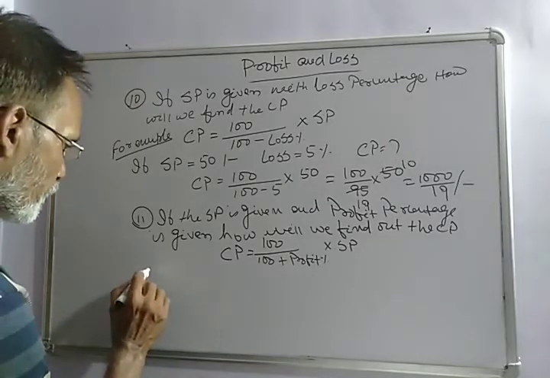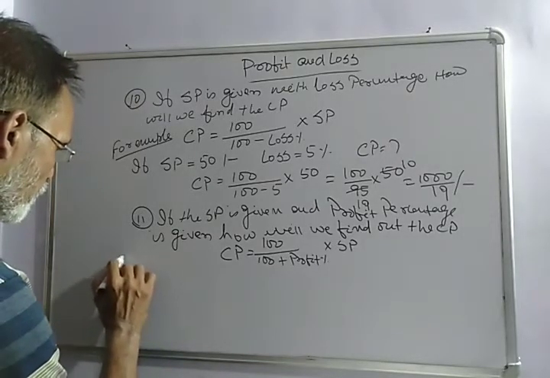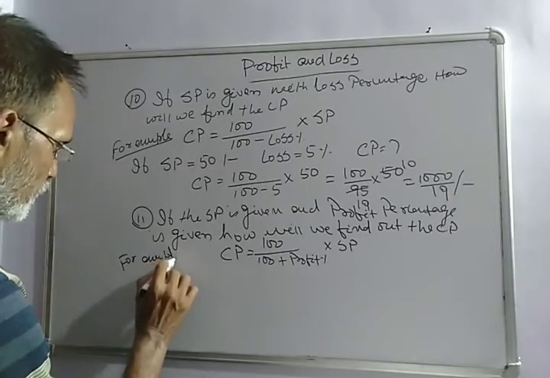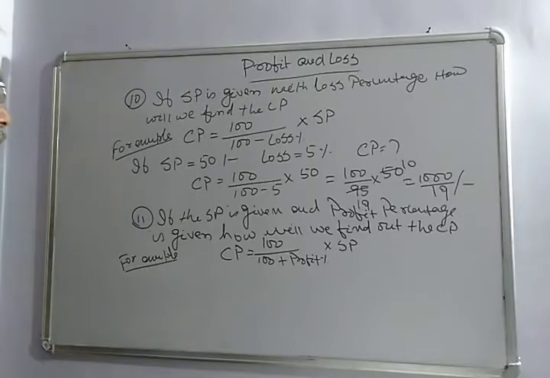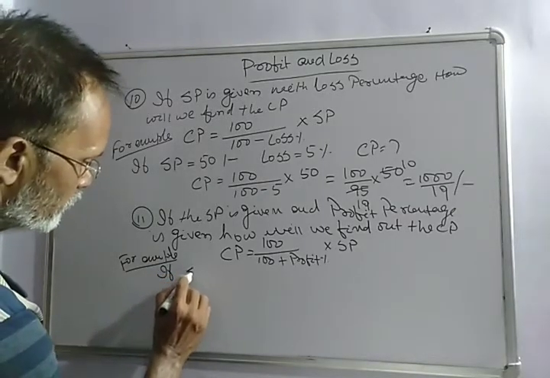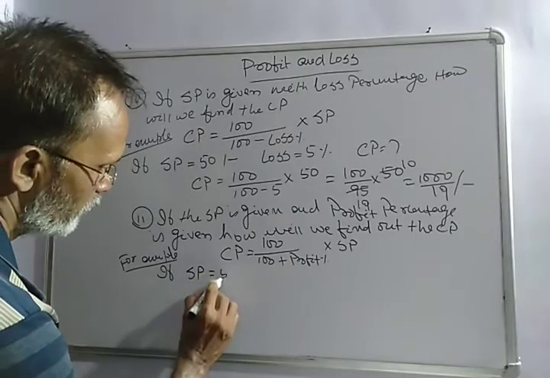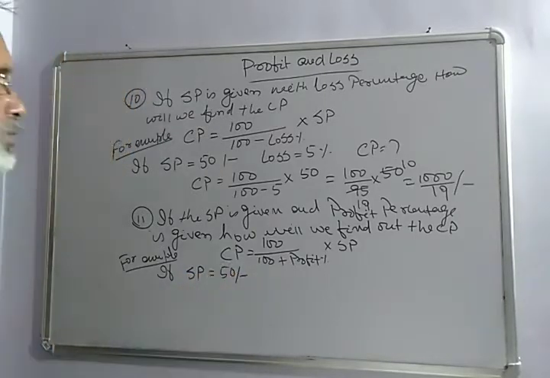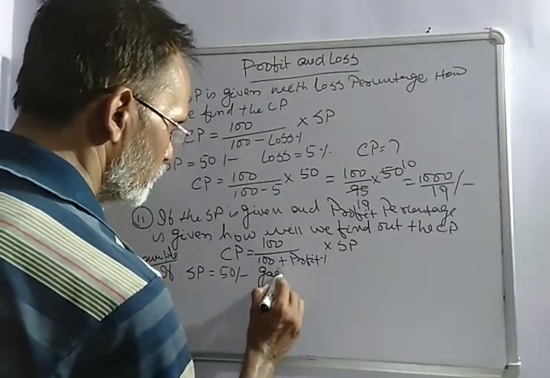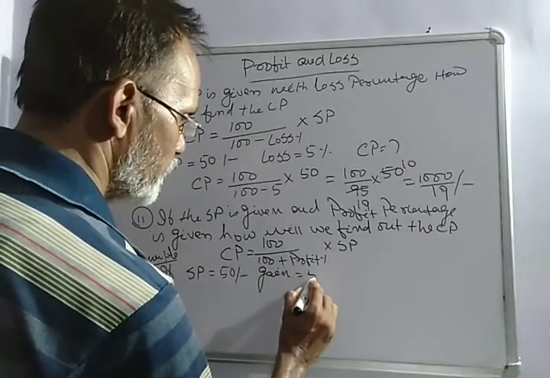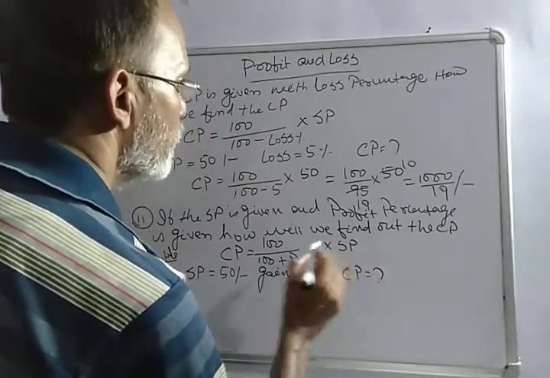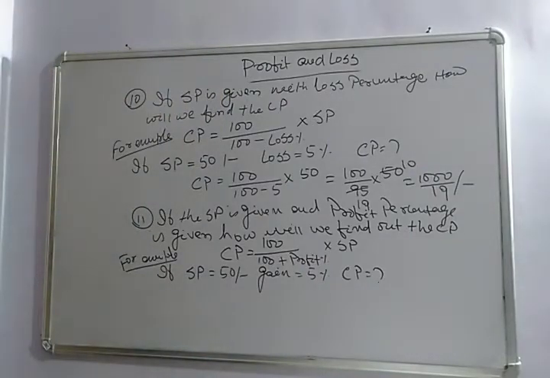For example, if SP is equal to 50 rupees, gain is equal to 5%. How to find out the cost price?